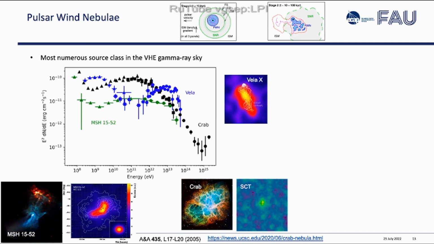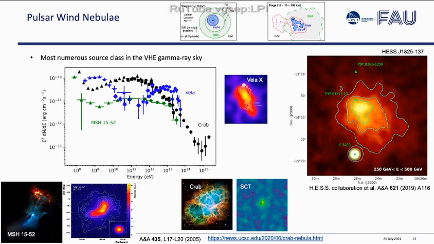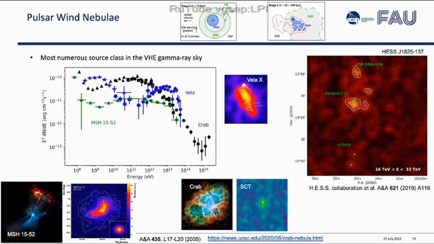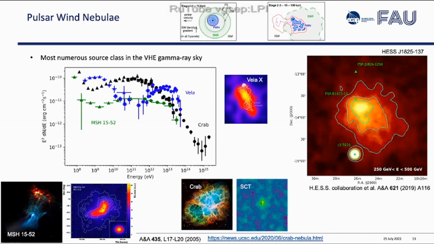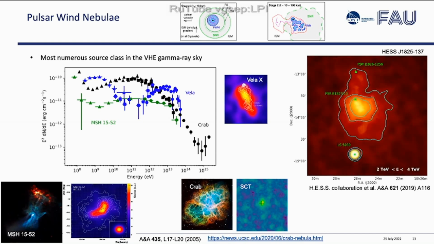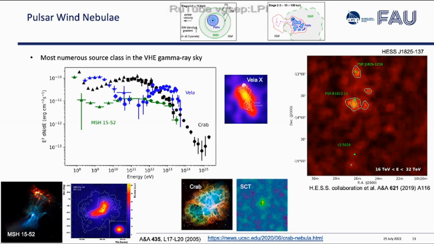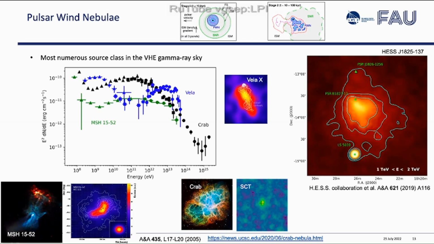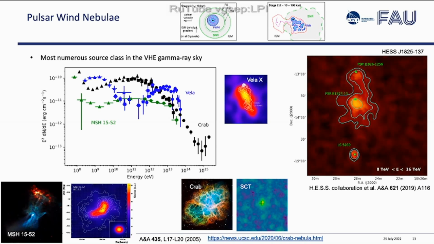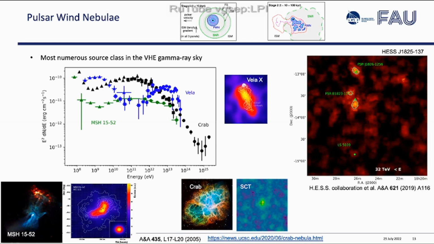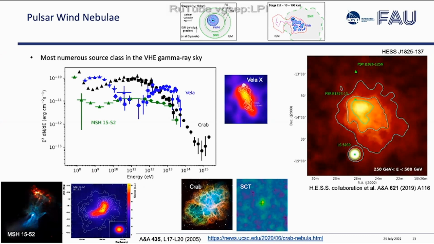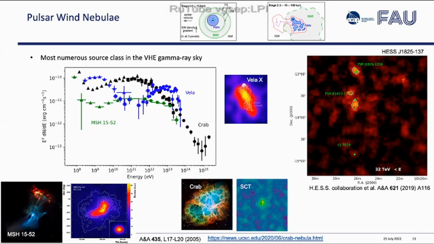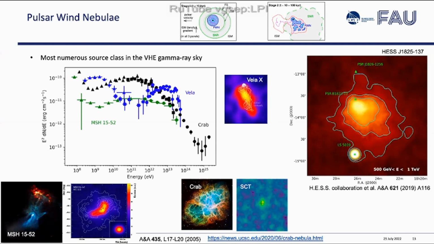So one more source that I'd like to highlight is HESS J1825-137. This is the canonical example of energy-dependent morphology, where what we see is electrons escaping, or rather traveling from the pulsar, traveling outwards and losing energy as they travel. And so the result is that you have a larger size at lower gamma ray energies, and towards higher gamma ray energies, the emission concentrates towards the pulsar, and the centroid also shifts back towards the pulsar.